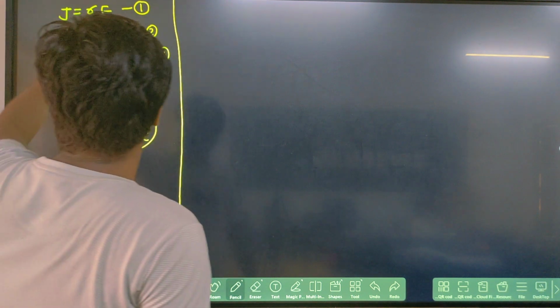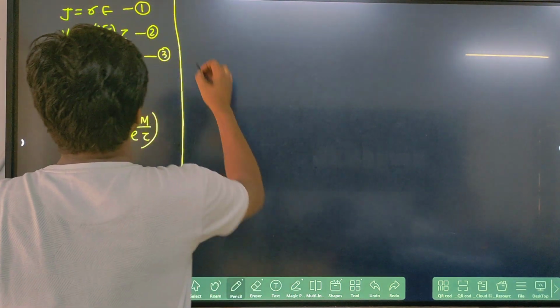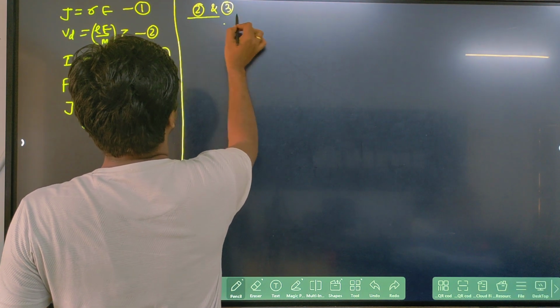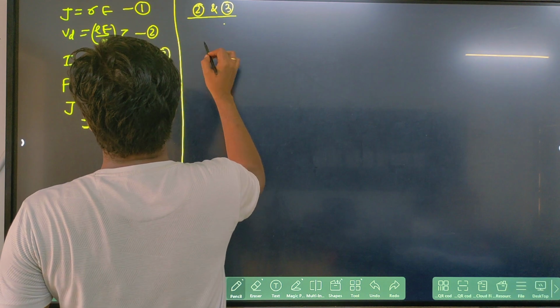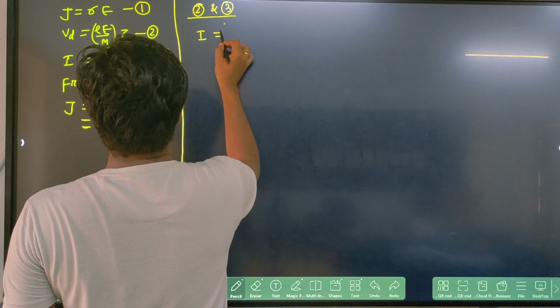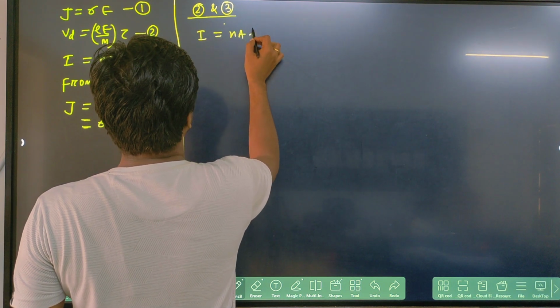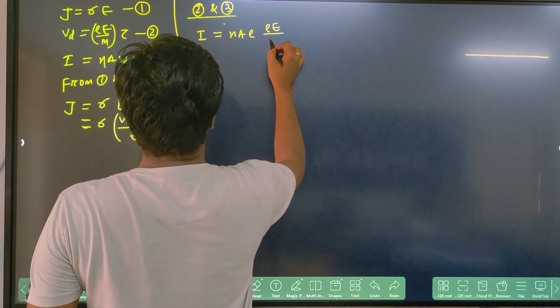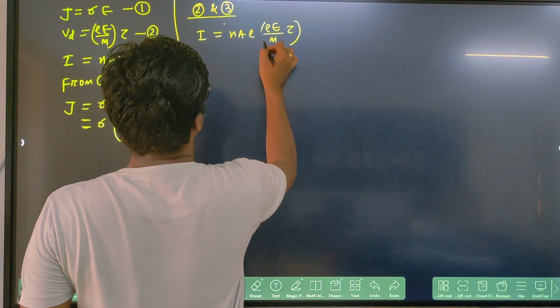Now, if you see these two relations, that is 2 and 3, you can say that I equal to nAe, and in place of Vd you write eE divided by m into tau.